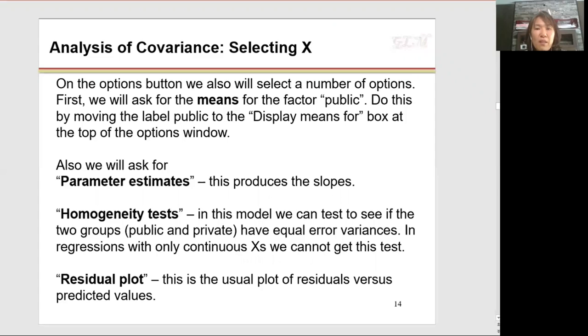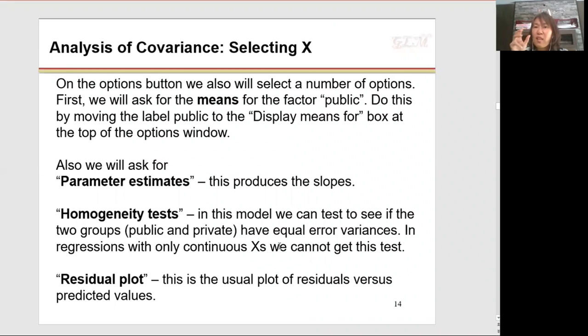In this model, we can test to see if the two groups, public and private, have equal error variances. In regressions with only continuous x, we cannot get this test. Yeah, we are doing the general linear model function, a different tab. In regression with only continuous x, we cannot get this homogeneity test table. We manually click the residual plot.